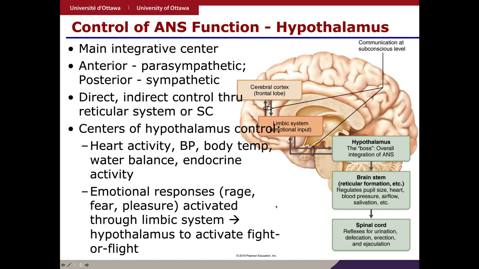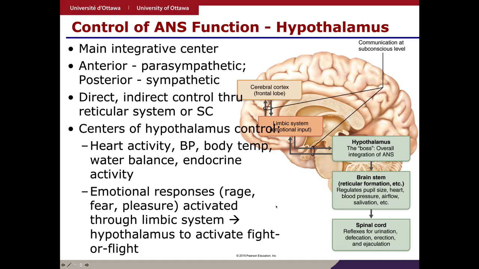The hypothalamus also mediates our reactions to fear and other emotions via its associations with the limbic system, the part of the brain involved in our behavioral and emotional responses, especially those we need for survival, feeding, reproduction, and caring for our young.